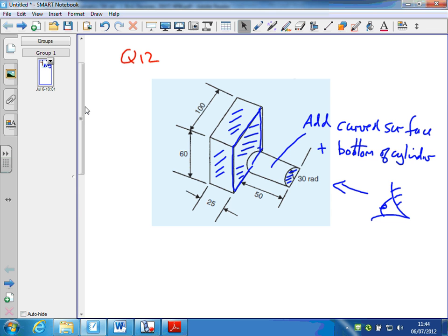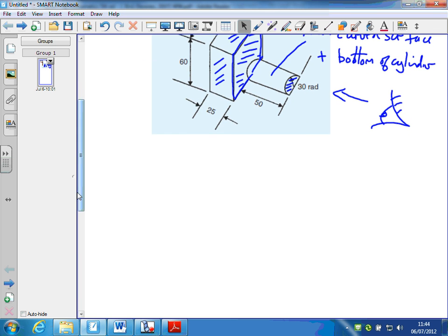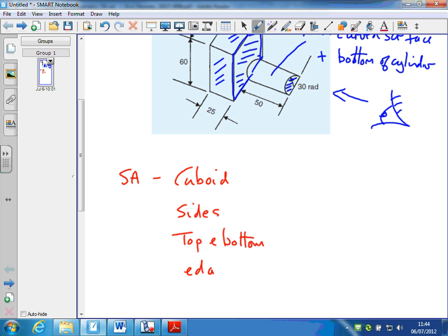And so how would I set this out? I would calculate the surface area of the cuboid, and then I would talk about the sides, the top and bottom, and the edges. So I'd work out what each of these were, defining what I mean by the sides and the top and bottom and the edges. So this I would be calling the edge.